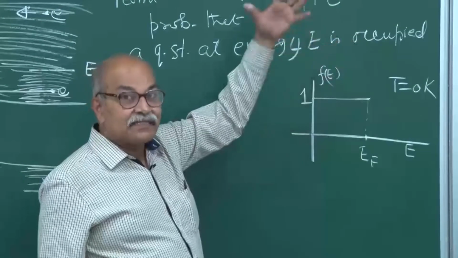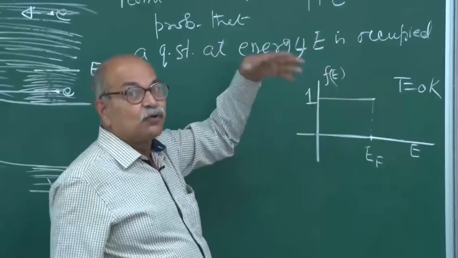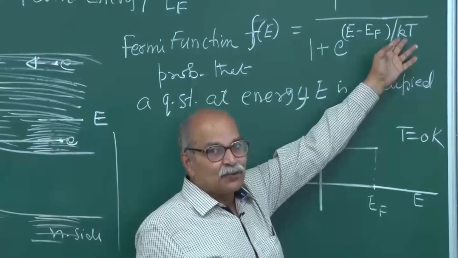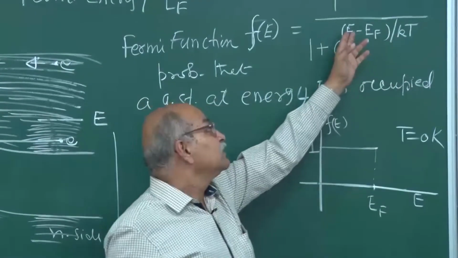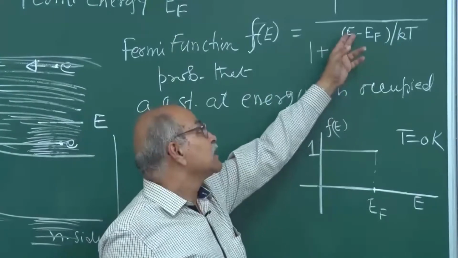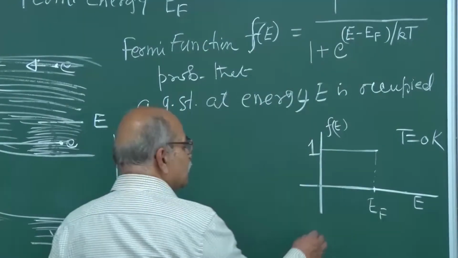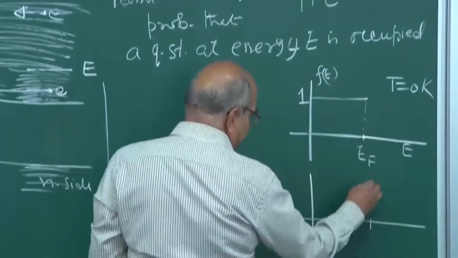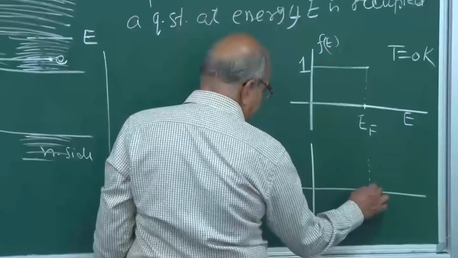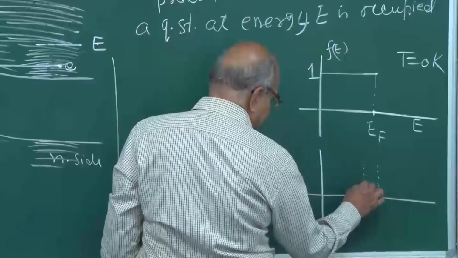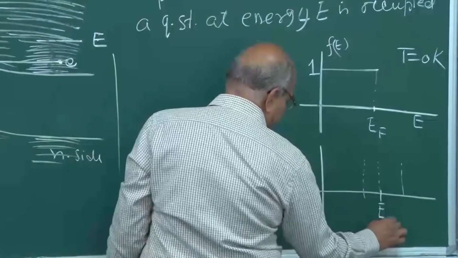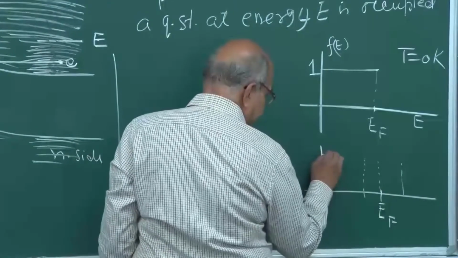But if you raise the temperature, say to room temperature where kT is 0.026 electron volts, and you have some EF and ask about some energy, what will happen? This gets modified, but the modification is still close to EF only. So if this is EF, then the function looks like this.